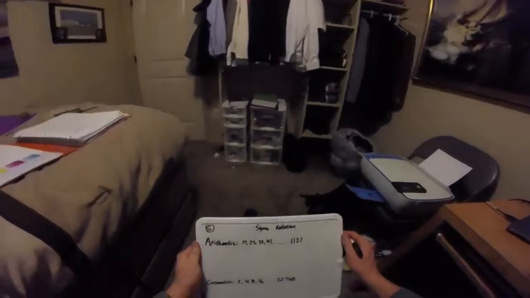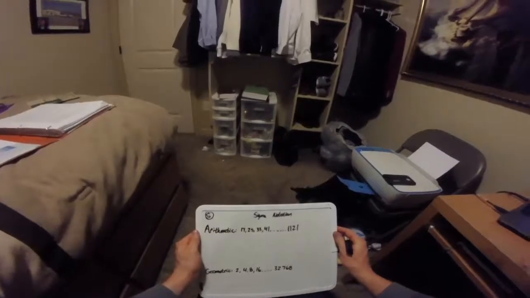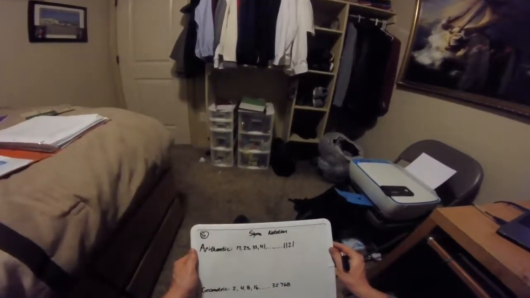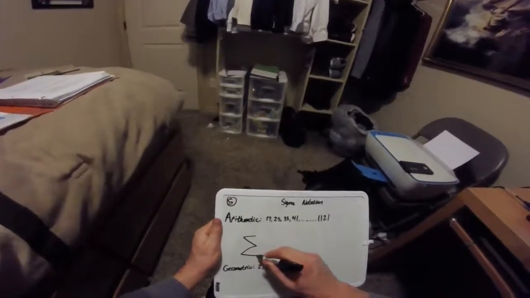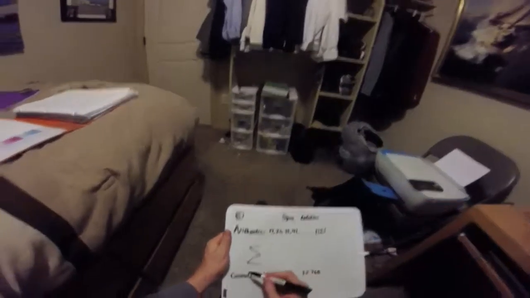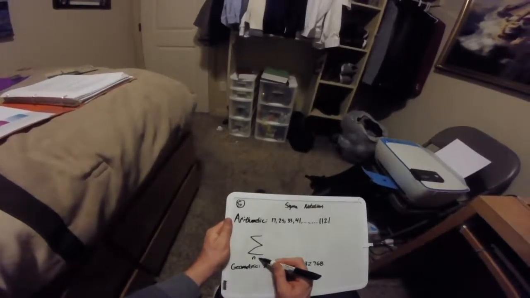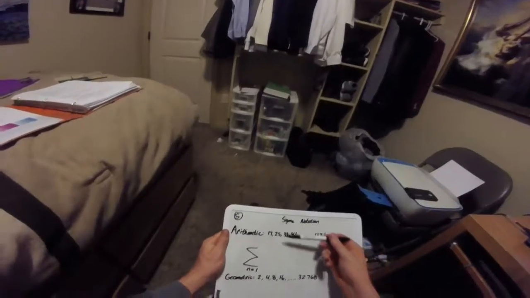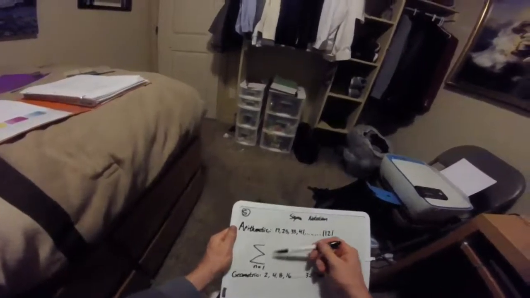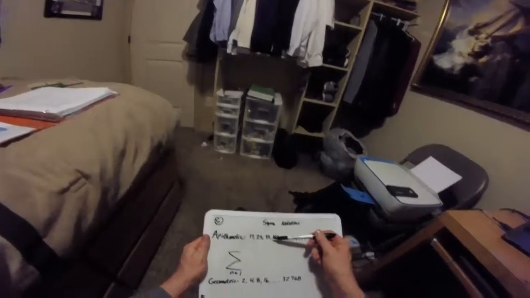Okay, objective number 5 under Unit 4 is writing arithmetic and geometric sequences in sigma notation. So I'll start out with arithmetic. Our sigma notation is thus. Now, n is the number that we'll begin with, so it means we're starting at 1. 1 represents 17, or whichever term it is within the sequence.